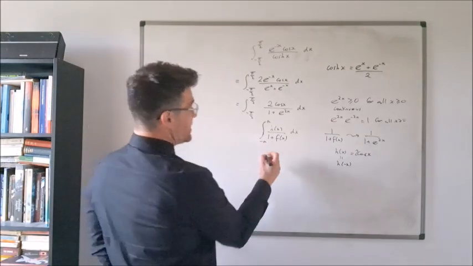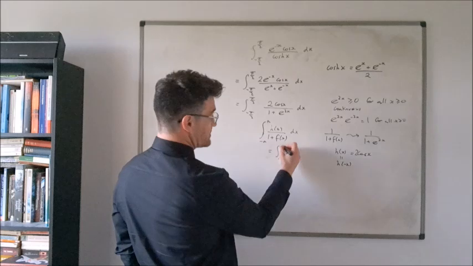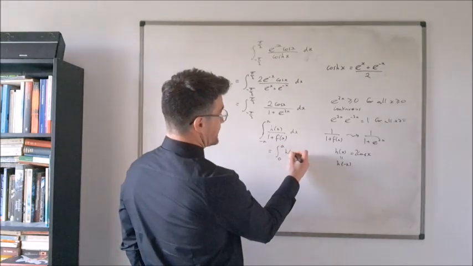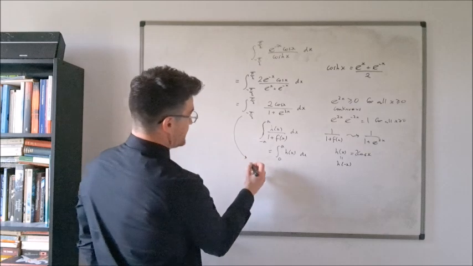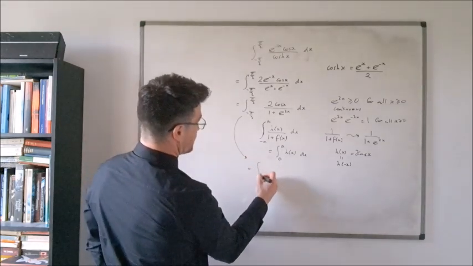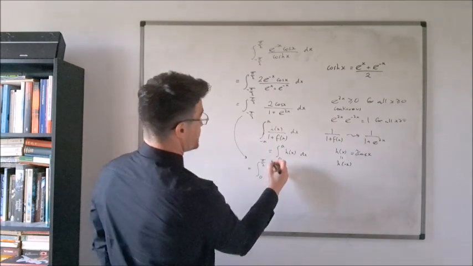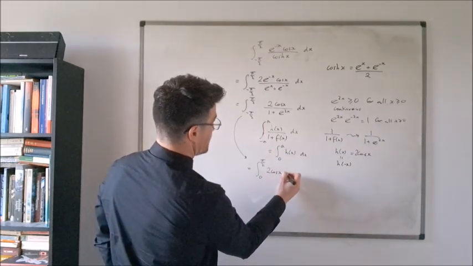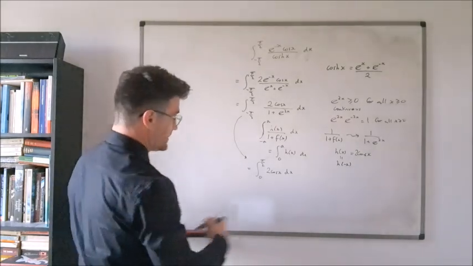And what we know from part 3 is that this is going to be equal to the integral from 0 to a of h of x dx. So in other words, this thing is going to be equal to the integral from 0 to pi by 2 of 2 cos x dx.